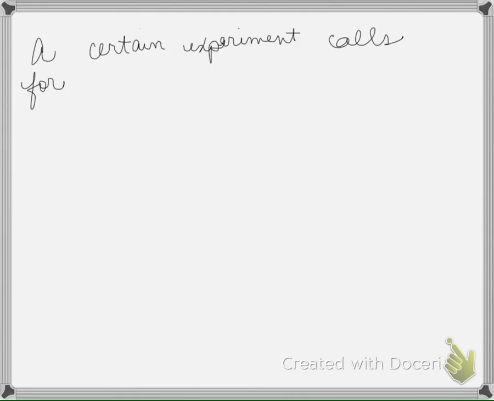Let's say that a certain experiment calls for 0.785 moles of potassium nitrate.